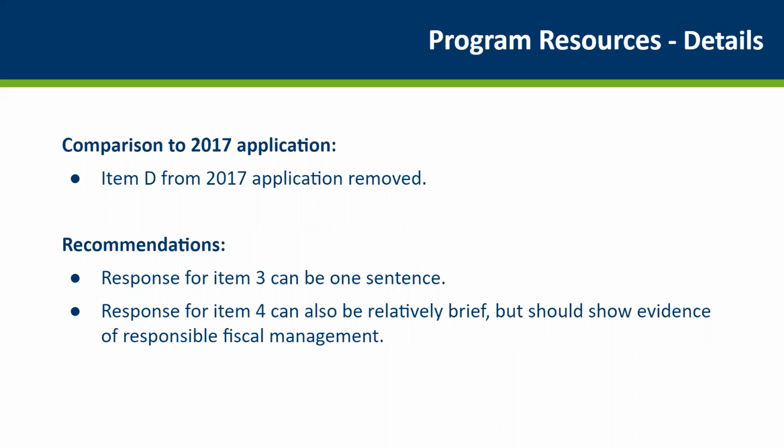That can be a 1-sentence answer, probably the only 1-sentence answer in this entire narrative. So enjoy that one. And then item 4, which is about the history of fiscal management. Again, that can also be brief, but please show us that your organization has a history of responsibly managing public funds. So items 3 and 4 can be pretty straightforward and do not have to be particularly lengthy.